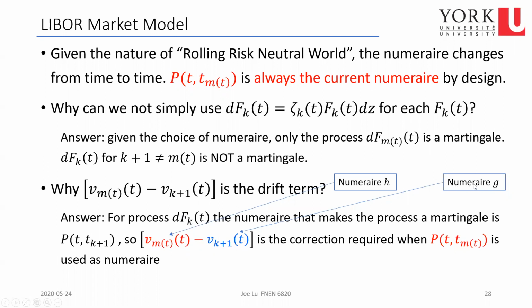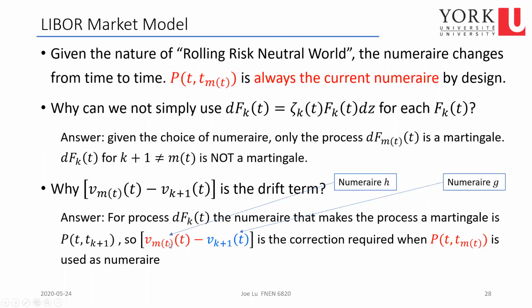So we can call that numeraire asset G. If that zero coupon bond is the numeraire asset, then this process will be a martingale. But unfortunately, that may not be the one that has been selected in the process.